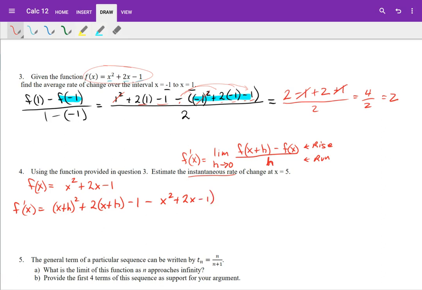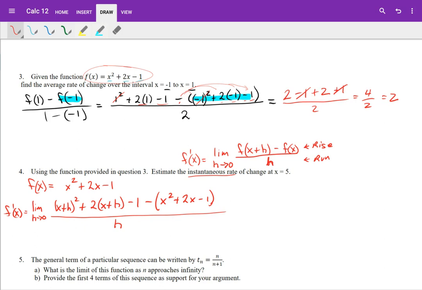Don't forget parentheses here. And all of this is over h. And don't forget as well that you're going to want to write the limit as h approaches 0. Okay. Now, this is going to take a little bit of work.